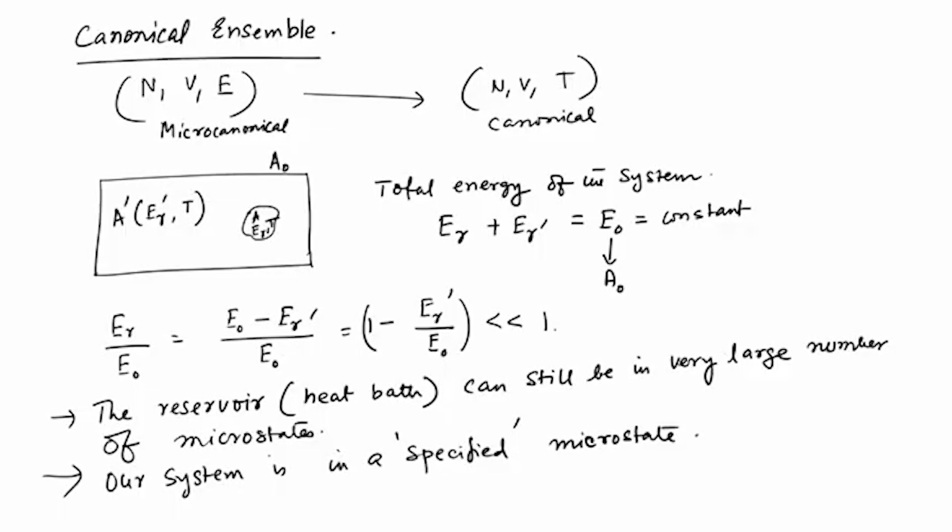We have written T and T prime both to be the same, whereas we have written the energies to be E r and E r prime. So, that tells us that at equilibrium, beta is equal to beta prime.